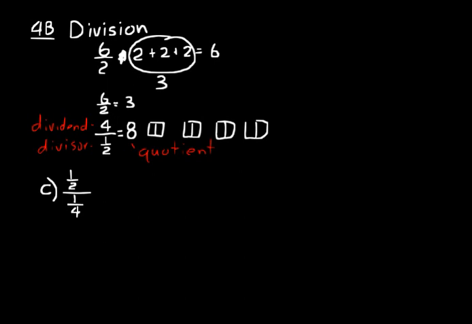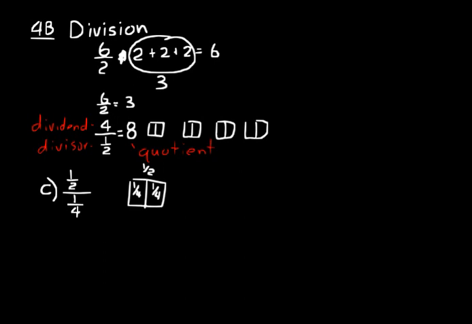And let's just use a box, and let's say that box is equal to 1/2. Now if we split that into 2, each one of those would equal 1/4, right? Because 1/4 plus 1/4 is equal to 1/2. So we can split 1/2 into 2 equal groups of 1/4.